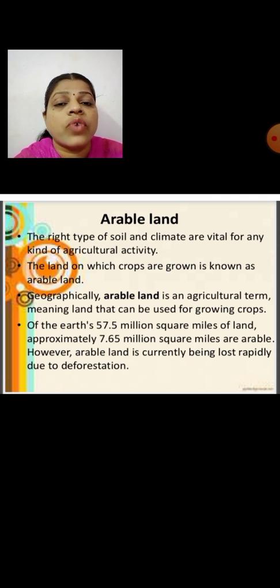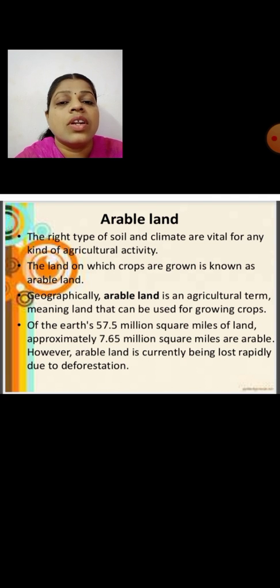More cutting of trees destroys the natural habitat. And what happens then? Instead of crops being grown, huge buildings are constructed in that place. So that's the reason for losing this arable land.